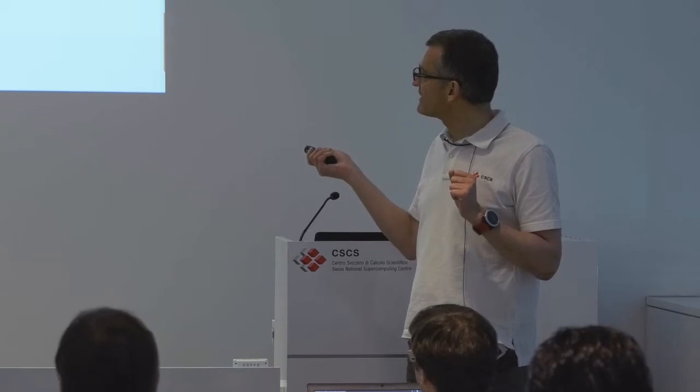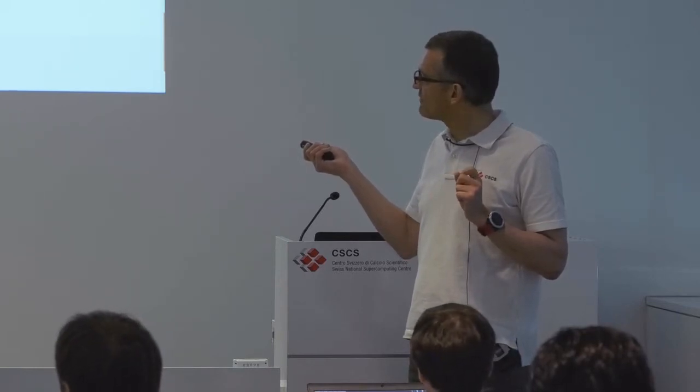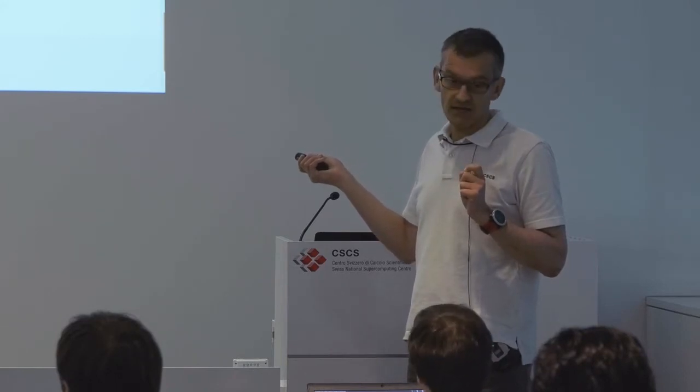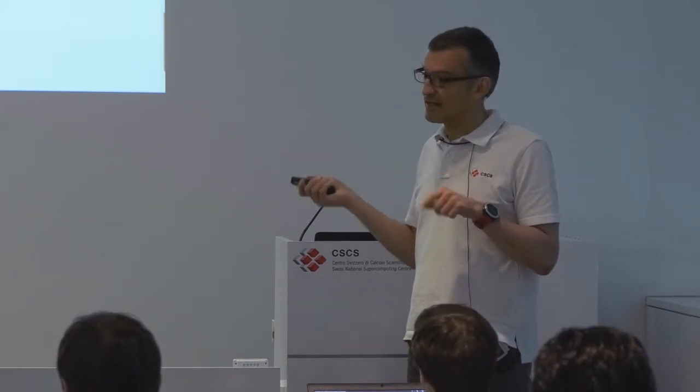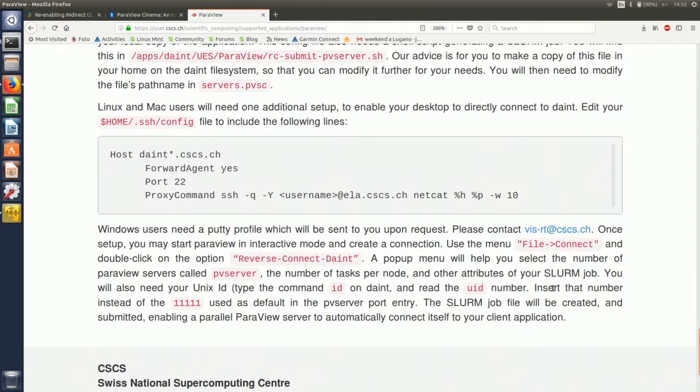So those 4 lines of code to add in your .ssh/config would do exactly the trick. And in that case, you can SSH directly given the Daint login node. Just make sure to replace username here, of course, with your real username.